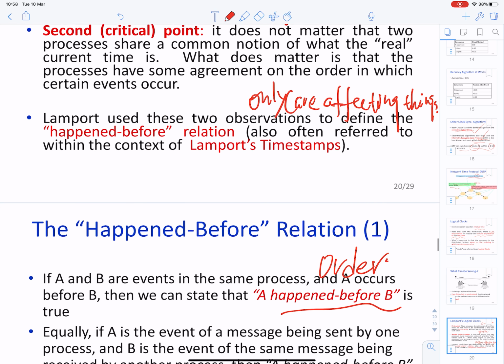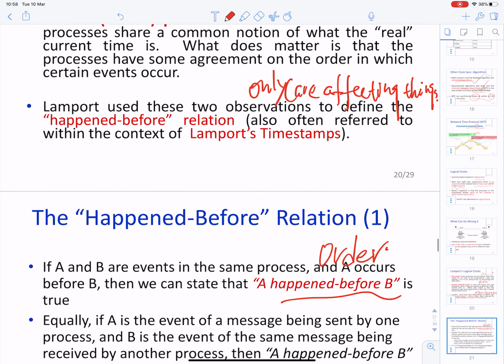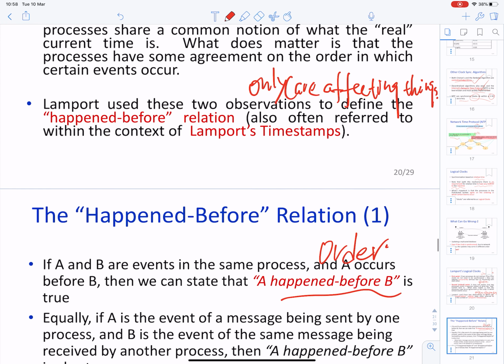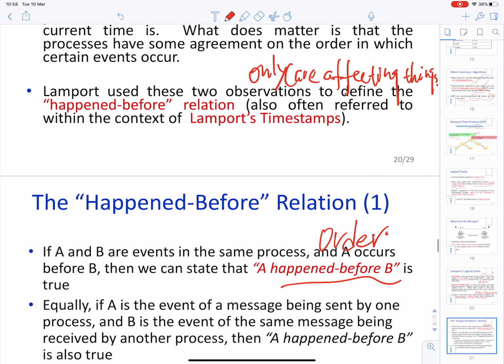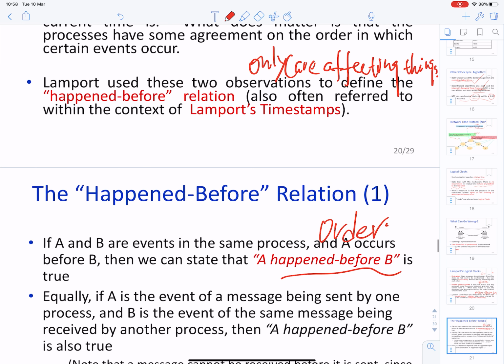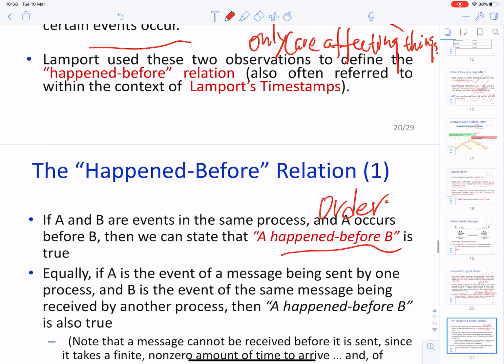The second crucial point is that it does not matter whether the two processes share a common notion of what the real current time is. What matters is that the processes agree on the order in which certain events occur. Lamport used these two observations to define the happened-before relation.